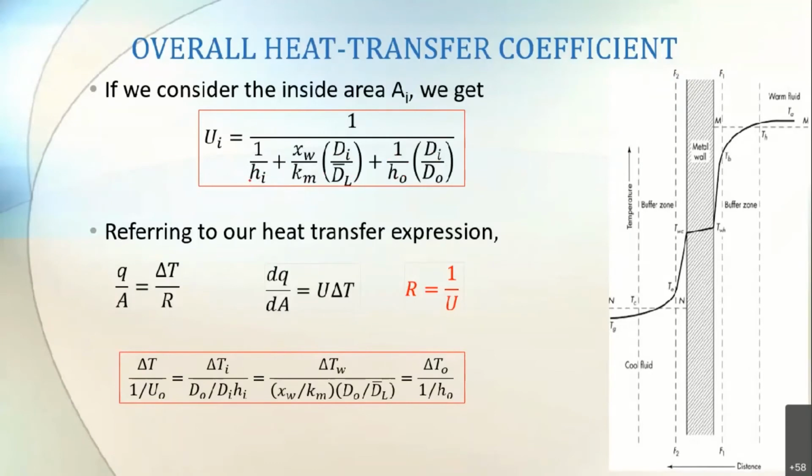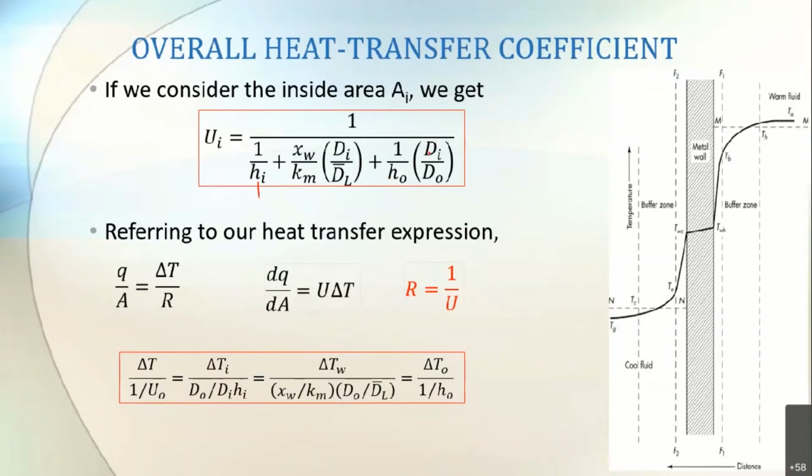HI is the heat transfer coefficient on the inside. XW is the wall thickness. Km is the thermal conductivity of the wall. DI is the value of the diameter inside. DL is an average diameter. HO is the heat transfer coefficient on the outside.